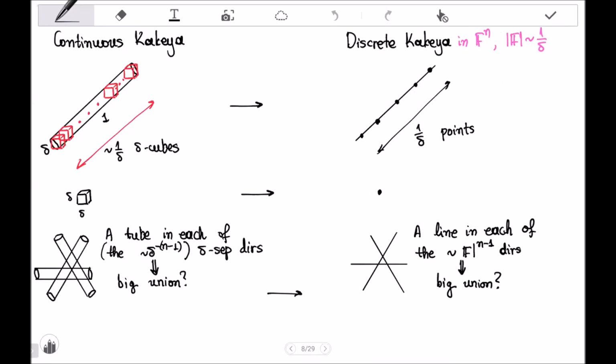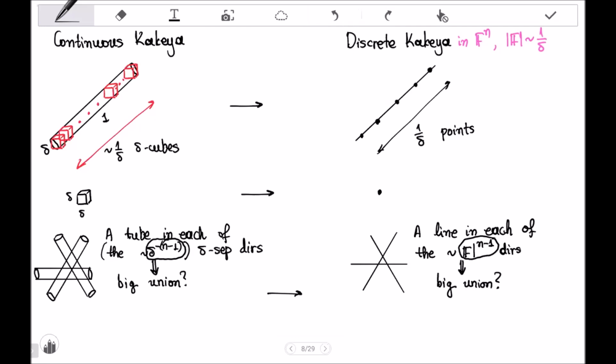And I'd like to draw your attention to the numerology that fits quite well, not surprisingly: the number of delta separated directions, the number of cubes in the continuous world, agrees with the number of different directions in finite fields. This is a hyperplane worth of directions.